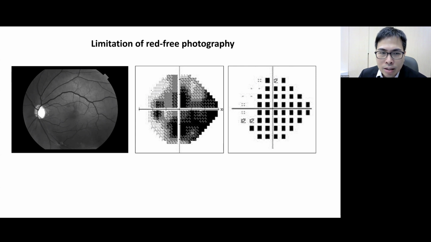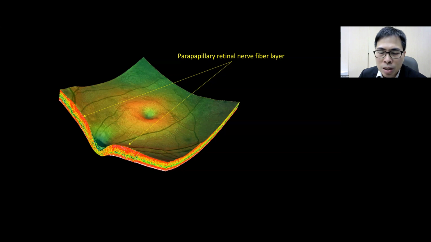So detecting early retinal nerve fiber defects would be okay with red-free photography, but when the loss is diffuse, when glaucoma is advanced, it would be difficult to rely on this tool to delineate the presence or absence of retinal nerve fiber thinning. That's why we now have OCT, which provides a cross-sectional analysis of the retina.